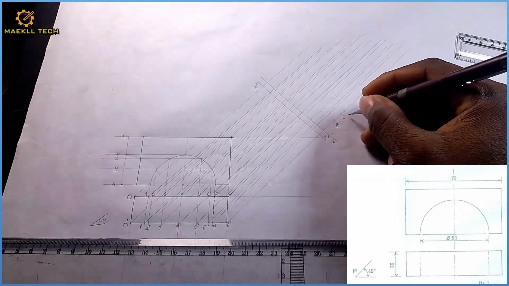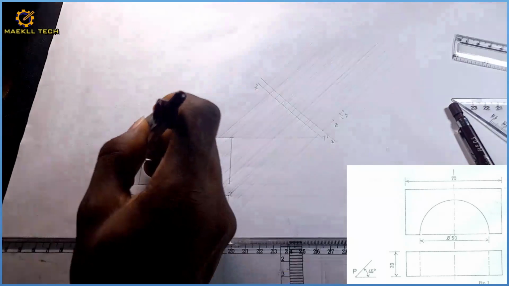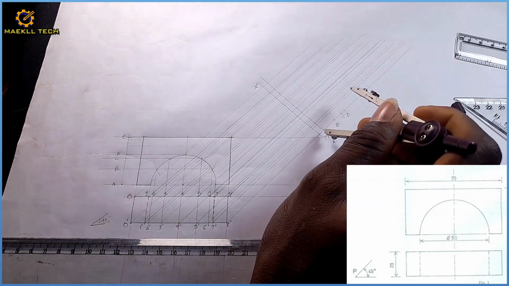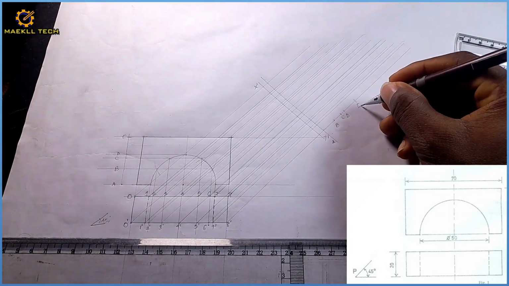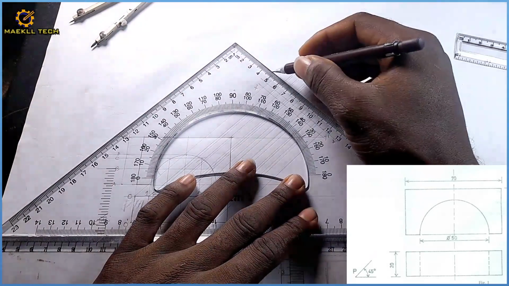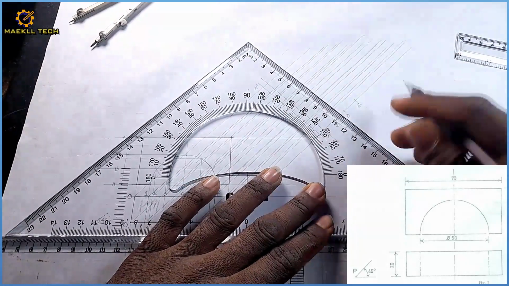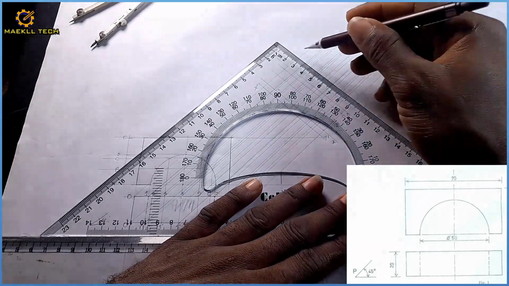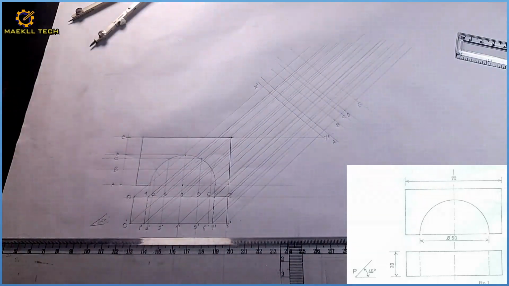And mark A to E, which is this. Okay, doing that, I'm going to project those points faintly. I'm going to project them perpendicular to the XY plane. So having it in that order.